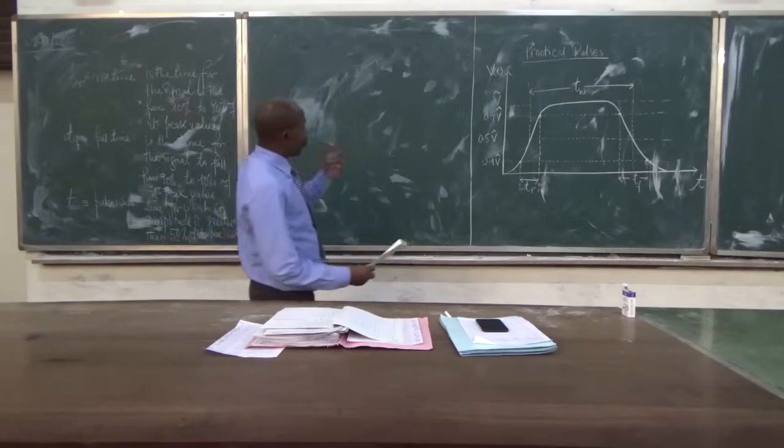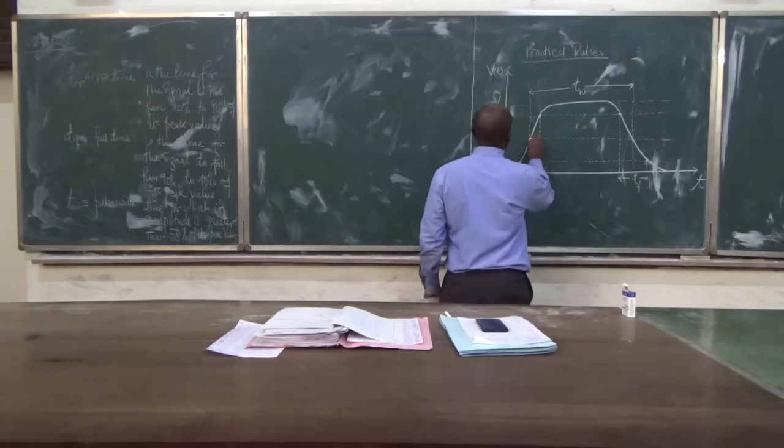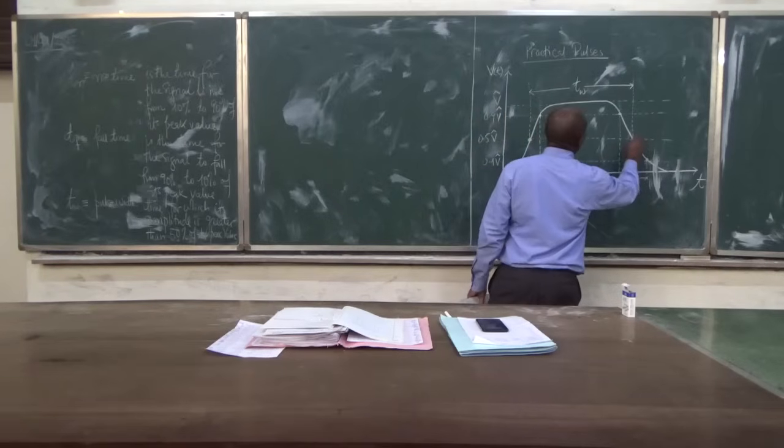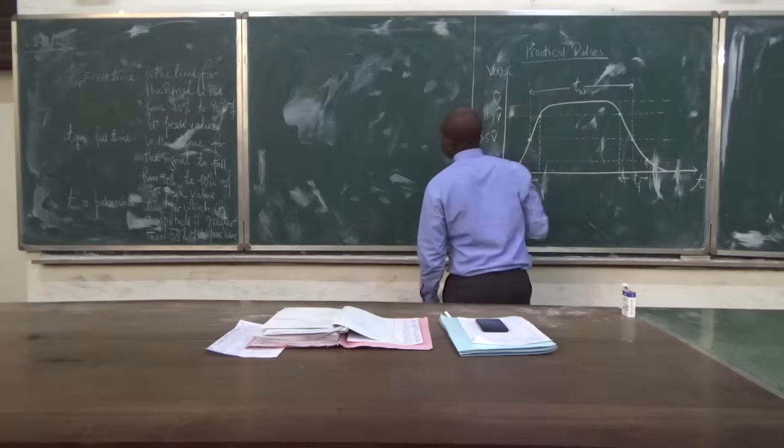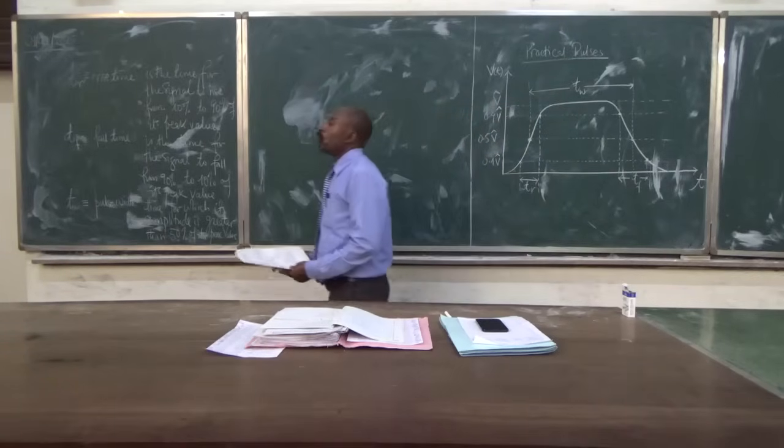So once it is more than 50% here, then this is the pulse width.